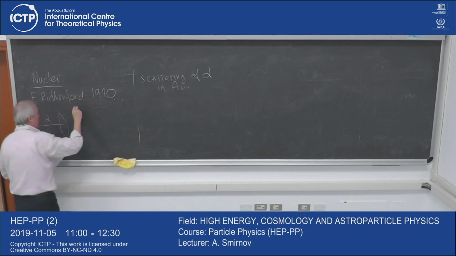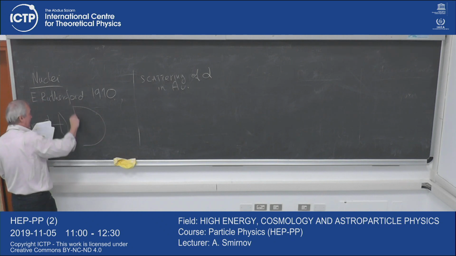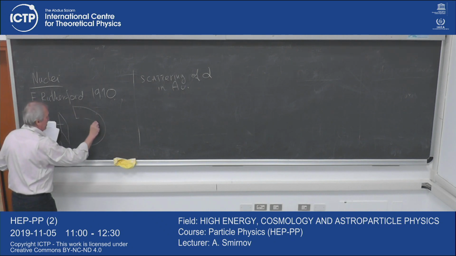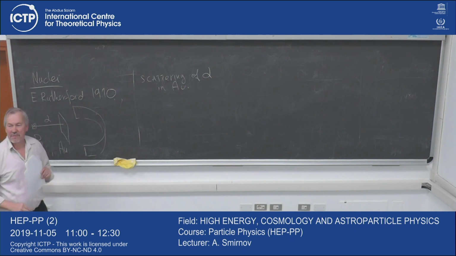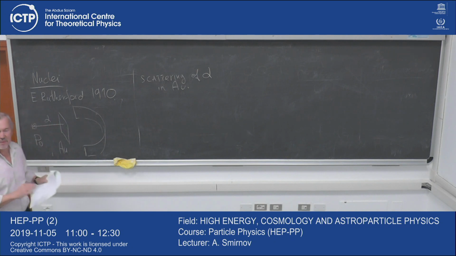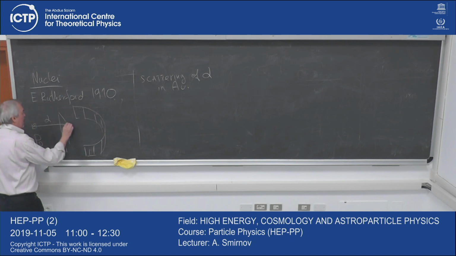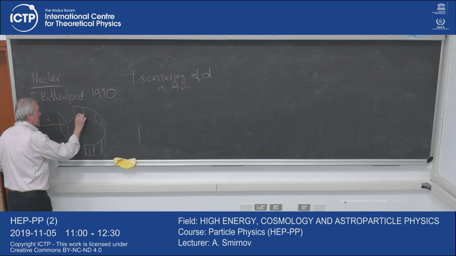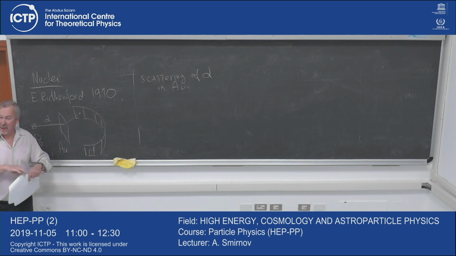He put a screen, again made of this tungsten sulfide. You see, in all these experiments, people used very similar materials. What he saw were flashes on this material produced by individual alpha particles.